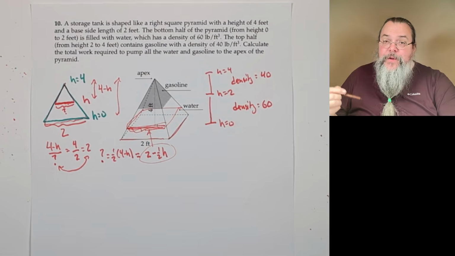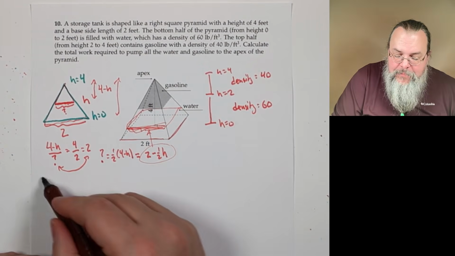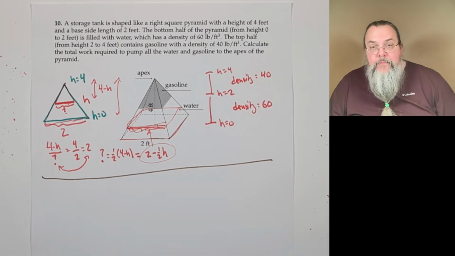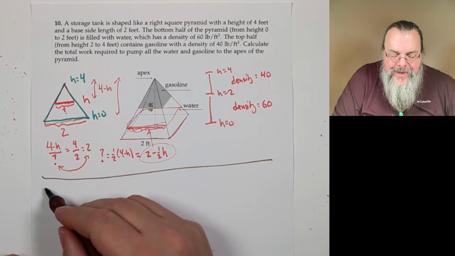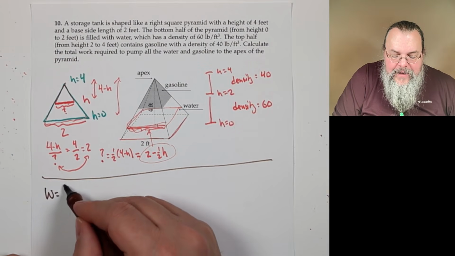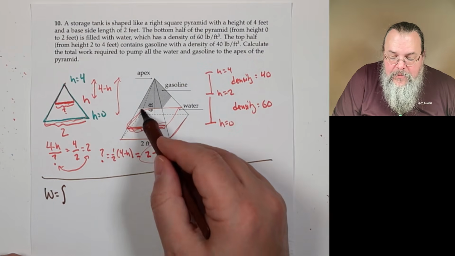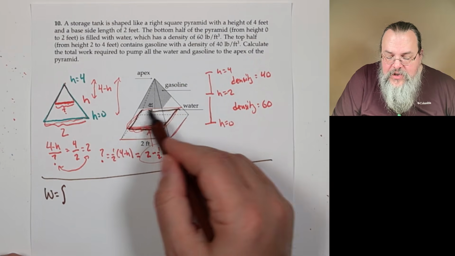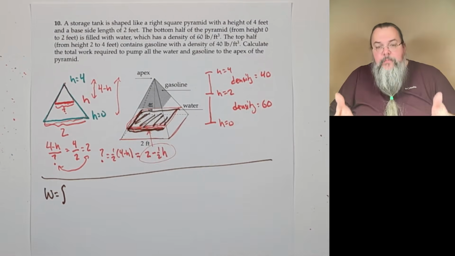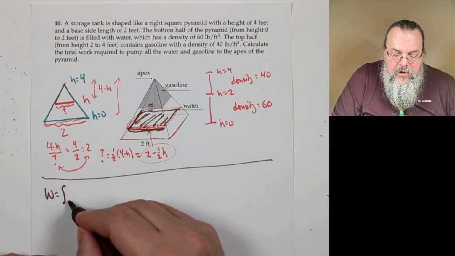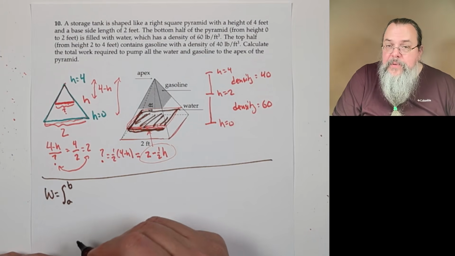Our generic formula for work when we talk about pumping, because we've got to pump it up: we're going to add up the work of each cross section. We have this thin layer, and we're saying, move that up, so it's start to stop.